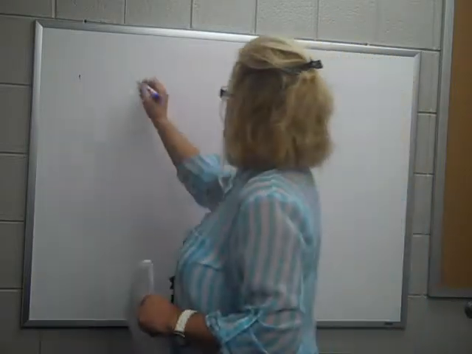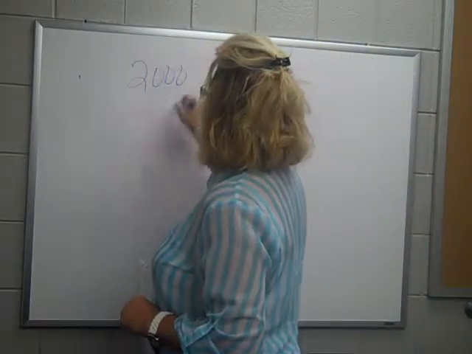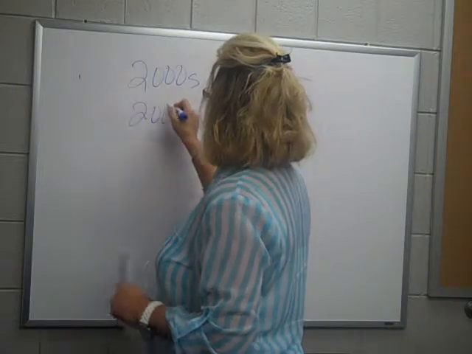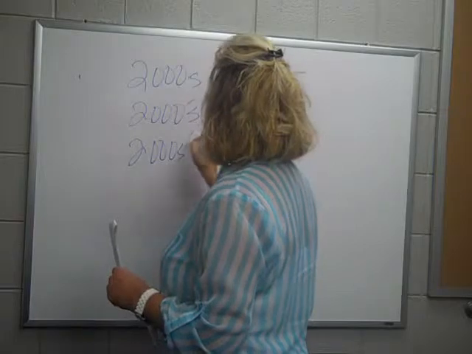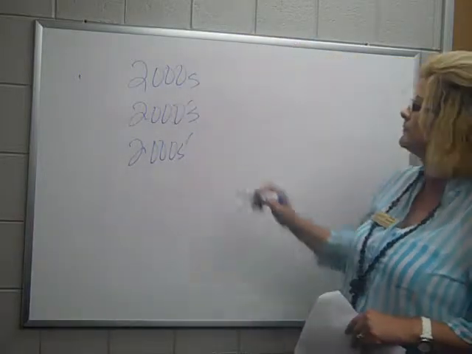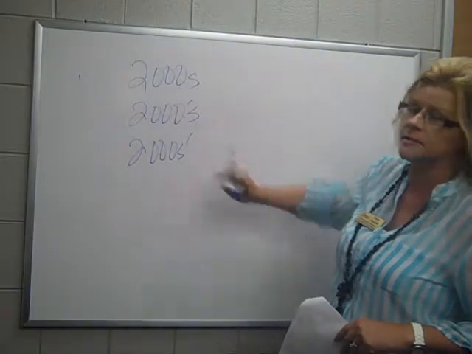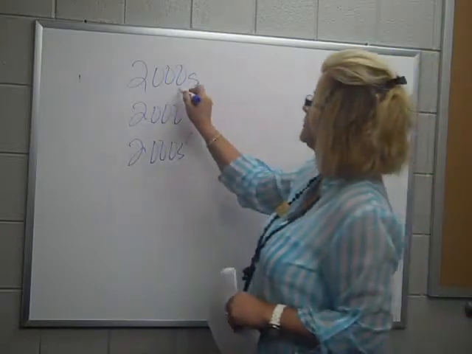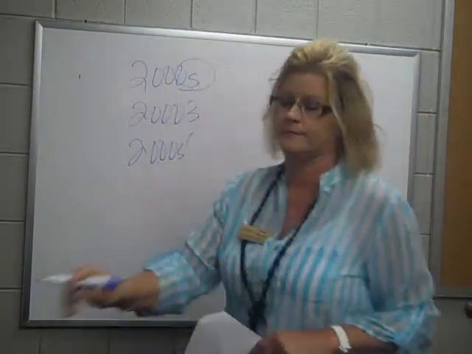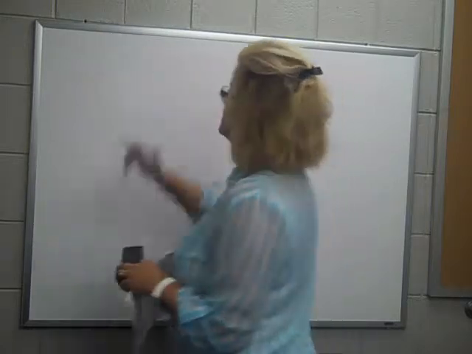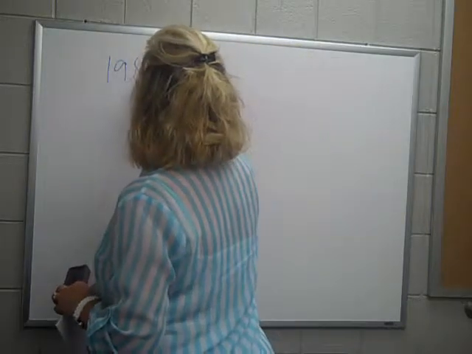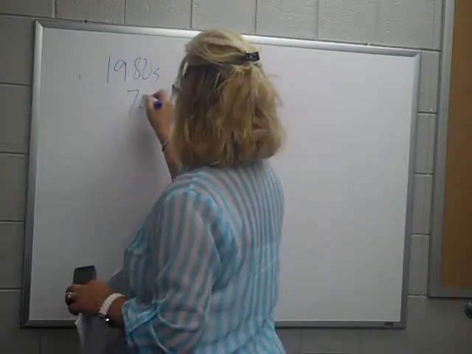If you're referring to a year, which one would you use? S, apostrophe S, S apostrophe. Always just use an S for year. Same thing if you did 1980s or the 70s.